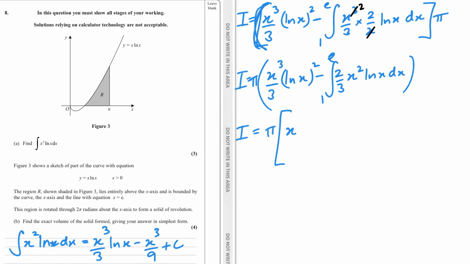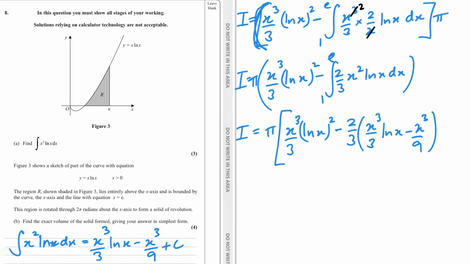So we've got x cubed over 3 ln x squared minus 2/3 of x cubed over 3 ln x minus x cubed over 9, and it's between e and 1.